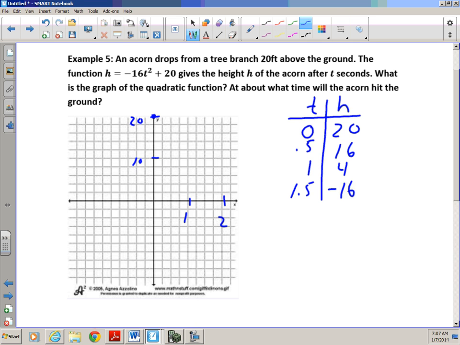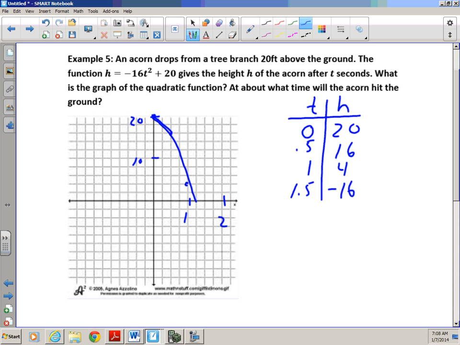So now at half a second, I'm at 16. At 1 second, I'm at 4. And at some point, a little between 1 and 1.5 seconds, okay? So here's 1, here's 1.5. Somewhere around here, I'm going to hit the ground, okay?